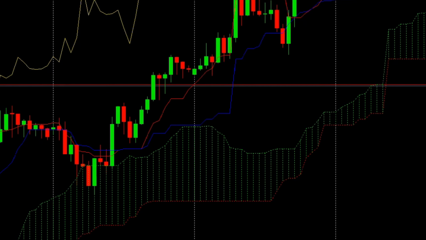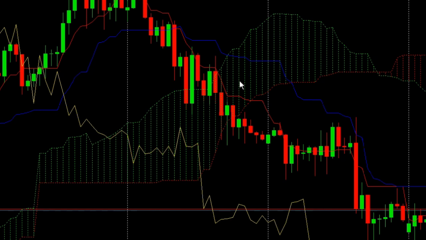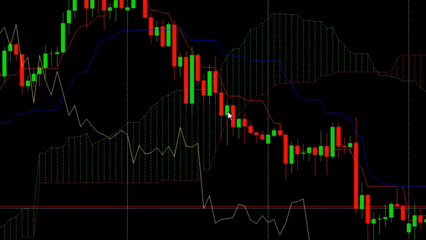However, every trend must end eventually. And so the cloud is not going to offer support indefinitely. And at some point, price will have to break through that cloud, indicating a change in direction. And so while price is in the cloud itself, will support hold up and allow prices to continue upwards?